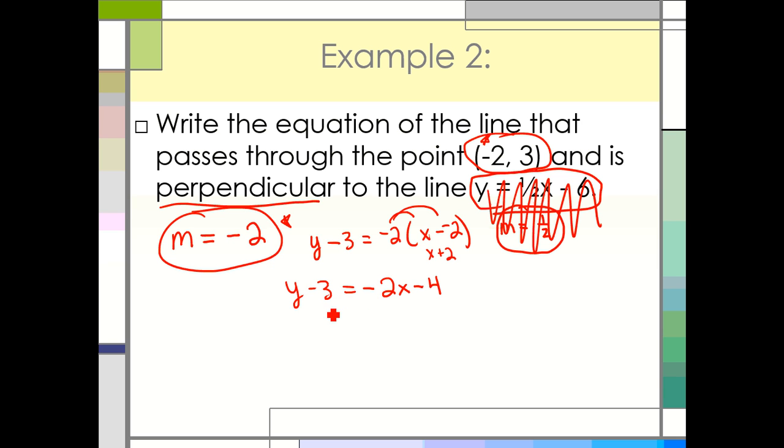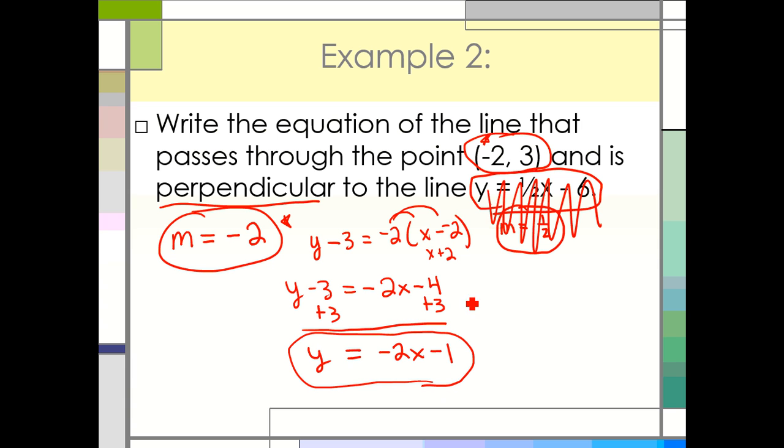Get the -3 moved over to the other side, and we end up with y = -2x. And then when I put these two together, -4 and a positive 3 gives me a -1. This is the equation of the line that goes through this coordinate and is perpendicular to this line.